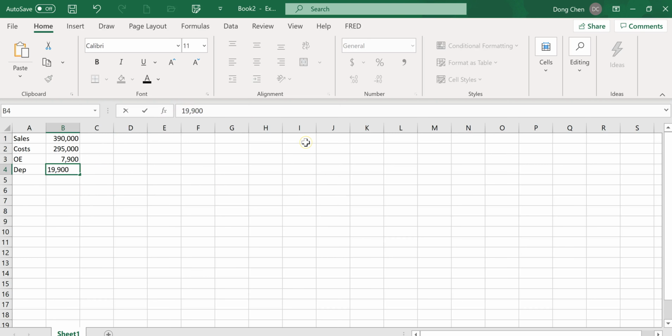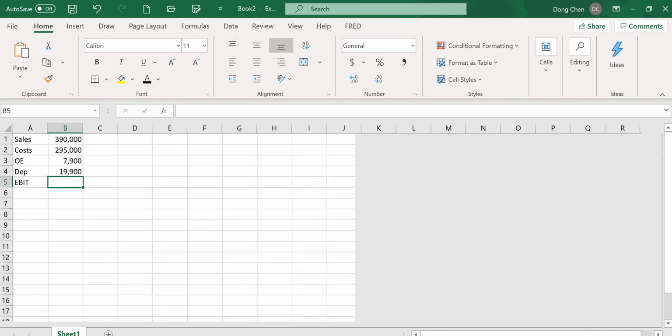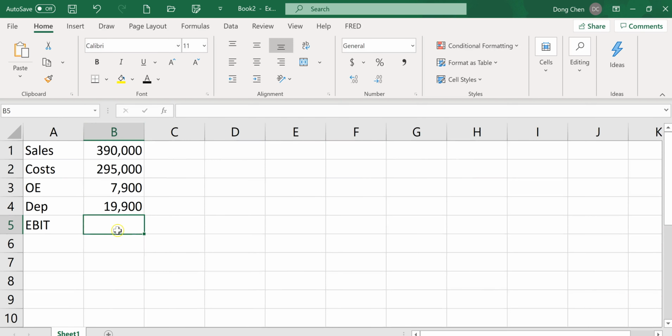So we know that now we can actually define this EBIT. EBIT basically is, so let me zoom this. So this equals sales minus costs minus other expenses and then minus the depreciation expense.